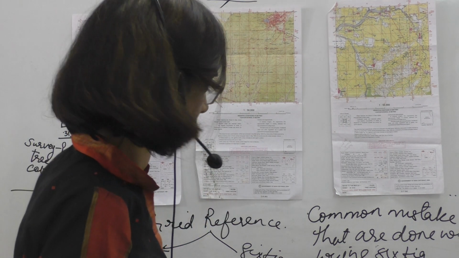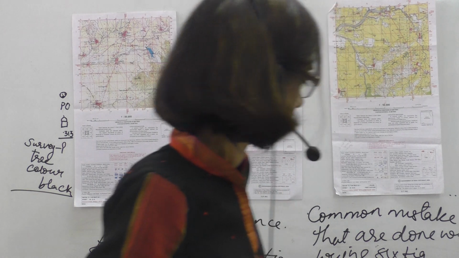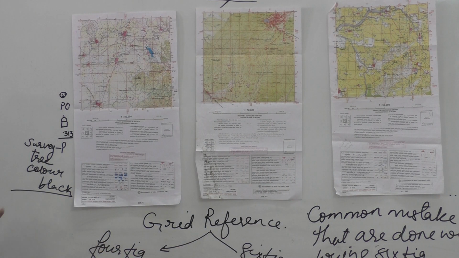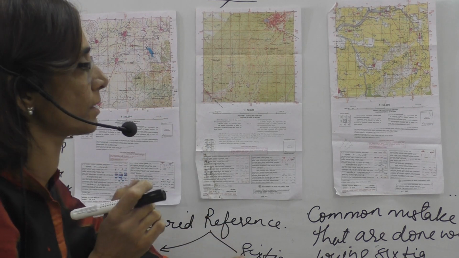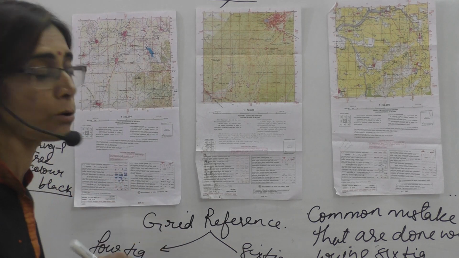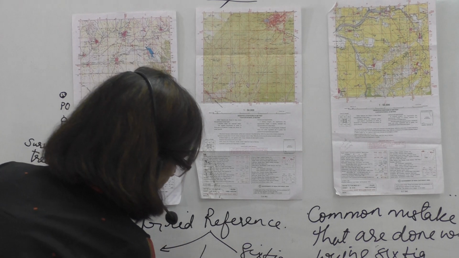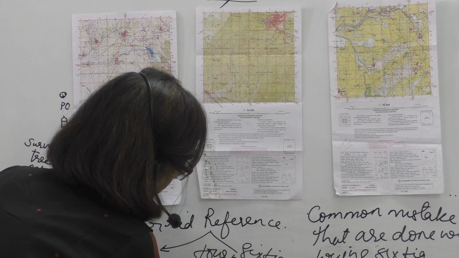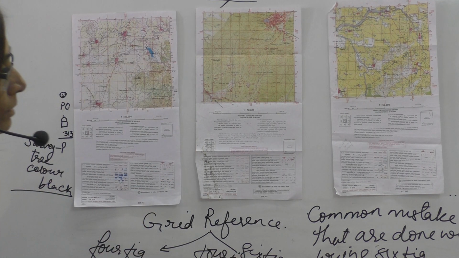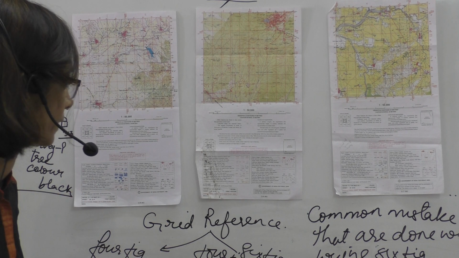So these are the common questions that are asked about the 6 figure and the 4 figure. We'll be locating objects through this and solving the rest of the questions from here onwards. Whatever questions we solve will be based upon the grid reference. You have to be very thorough, at least with the 4 figure grid reference.